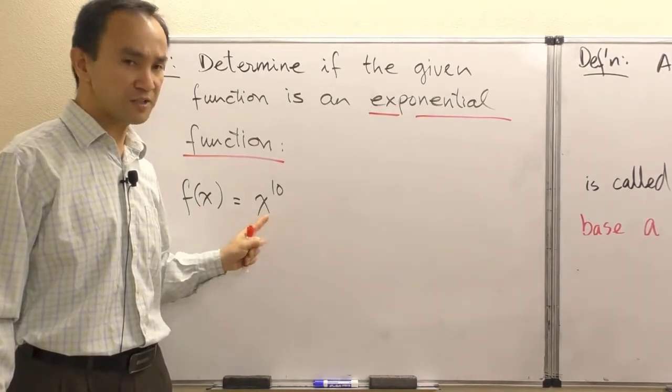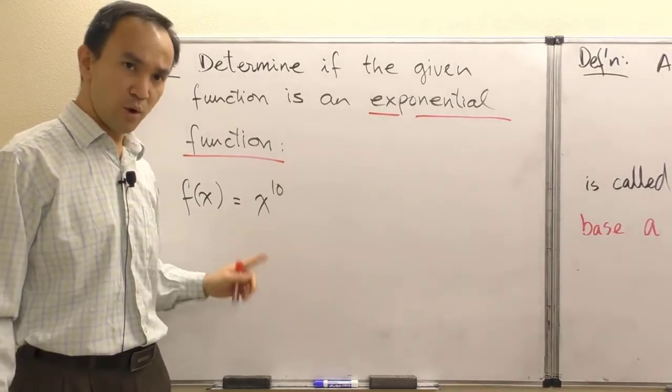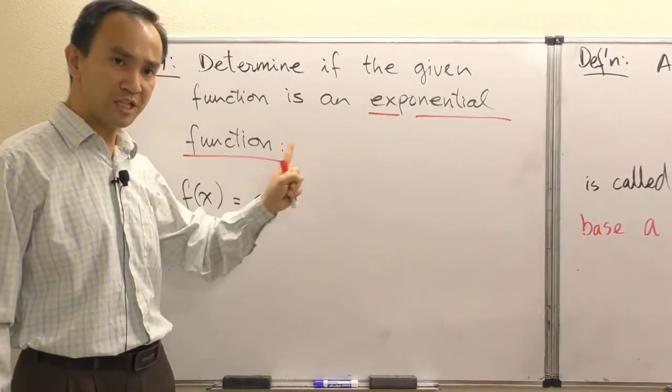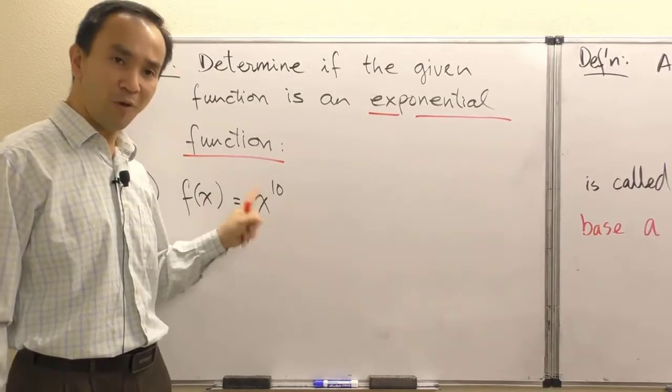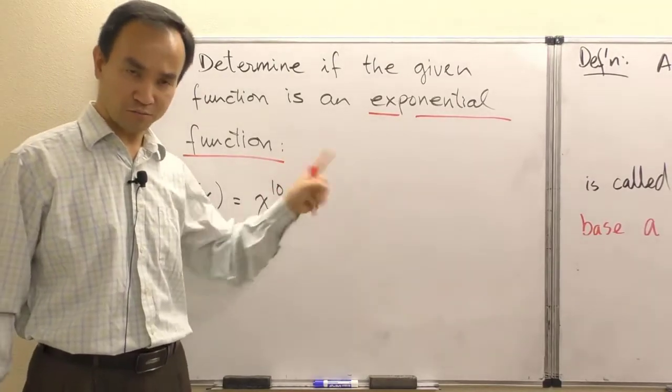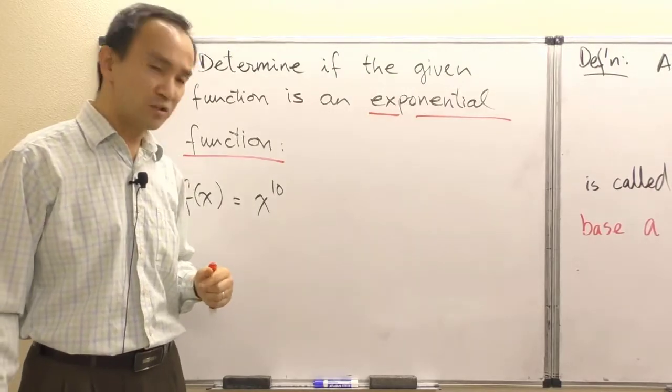So when the input is 5, it's 5 to the 10th. When the input is 3, it's 3 to the 10th. When the input is -1, it's (-1) raised to the 10th.